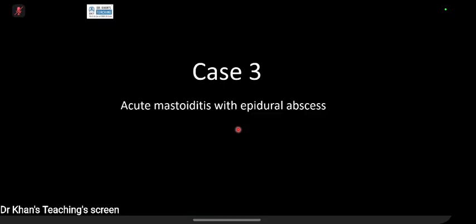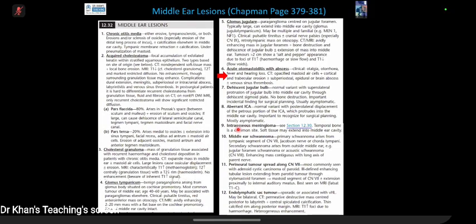So this was acute mastoiditis with epidural abscess. I'll come back to the case shortly. And this is from your book, acute mastoiditis with abscess. So clinical is of course very important. You have to look for the opacified mastoid air cells, cortical or trabecular erosions.